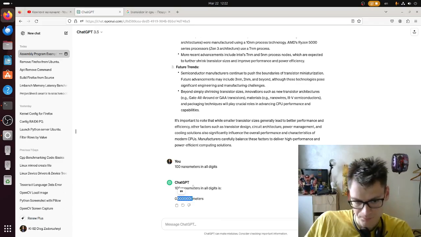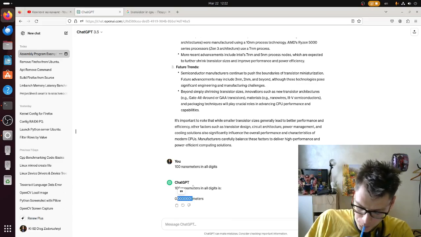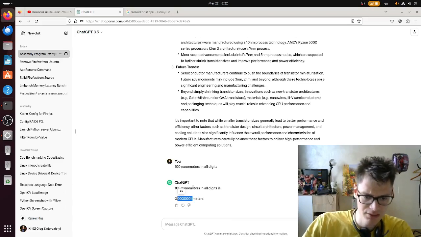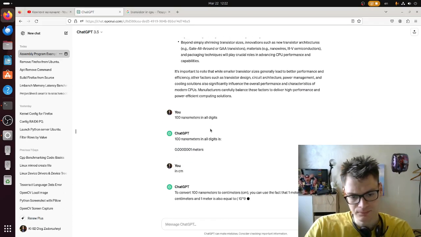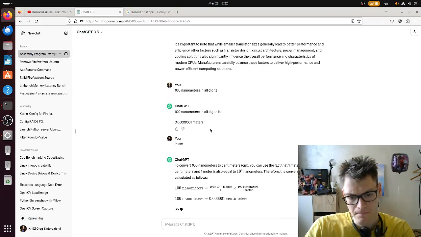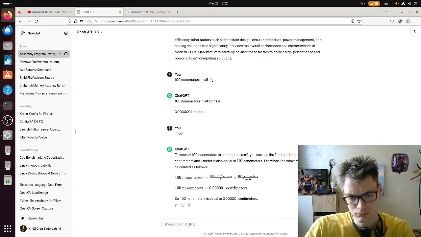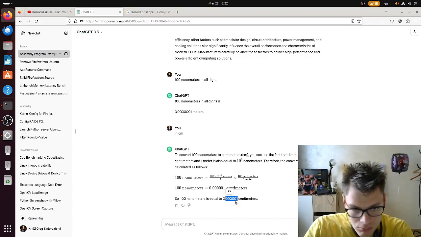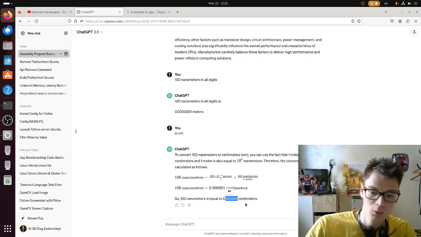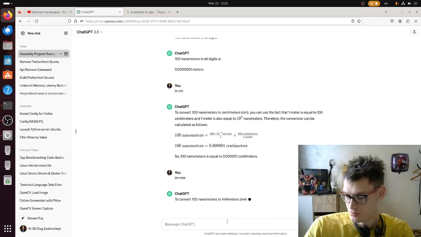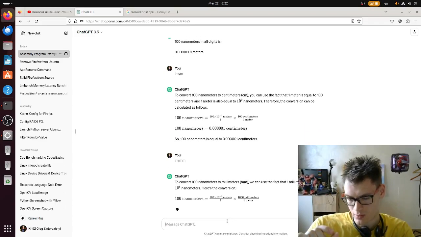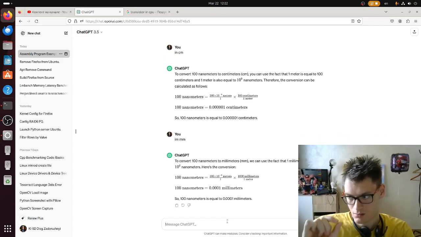Wow. It's quite not obvious in meters or centimeters. But in millimeters, I can imagine it is very tiny. Just like this.